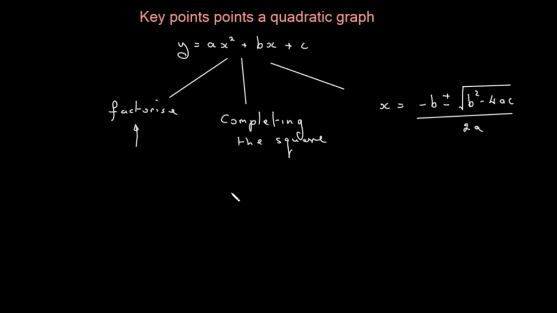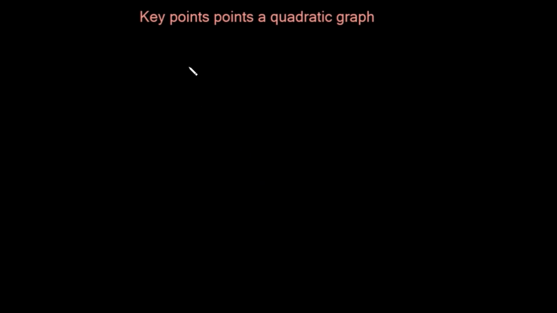What we're going to be looking at in this video is this one here. One point I forgot to mention: polynomial, poly is many, nomial, number, many number. If your first term, your highest power, if you like, is a square, it doesn't have to be x, then you have 2 brackets.